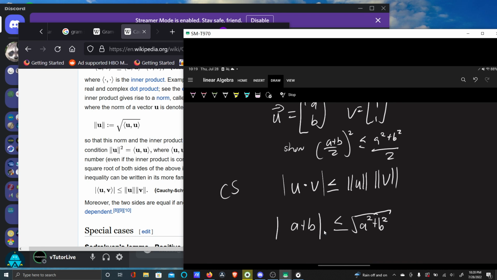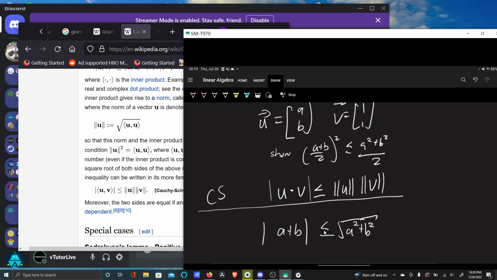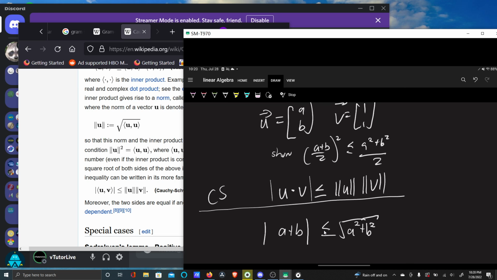Yeah. So this is the Cauchy-Schwarz inequality, and let's just do the dumbest thing and literally plug in for u and v. So u dot v is going to be equal to a plus b. That's just our dot product. And the norm of u is going to be the square root of a squared plus b squared. And the norm of v is going to be root 2, the square root of 1 squared plus 1 squared.